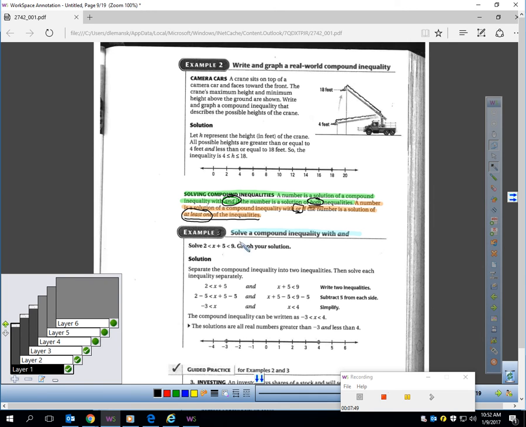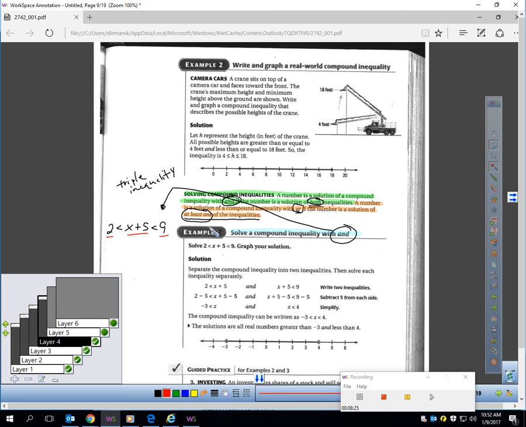Okay, let's talk about solving a compound inequality with "and." One thing, this is not in the textbook. There's no such terminology as this. This is just something I kind of made up in my head when I was a kid. When you have an "and" problem, you can write your inequalities in this form. I always thought of this as a triple inequality. Can you see the 1, 2, 3 parts to it?